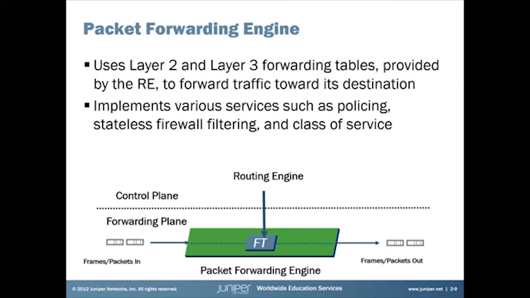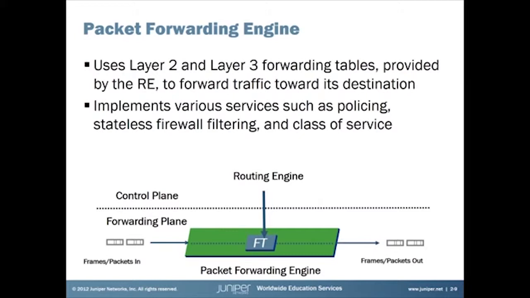So we can implement various things down here, like policing. What's policing? Policing is saying, okay, you've got an absolute data limit, or your bandwidth limit is set at 10 megs, that's it. That's all you get. And you can set that for a particular network, or particular network destination.